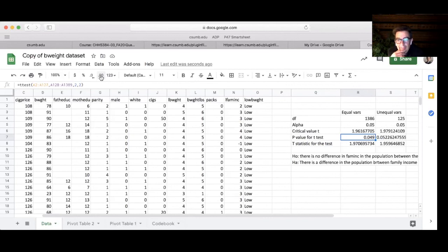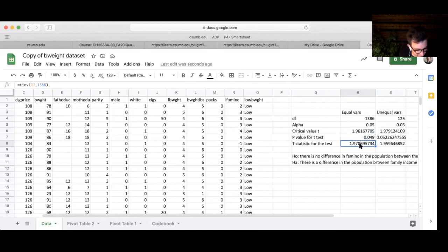Because our t-statistic that we got for our test is 1.97, right? And there's less than 5% chance that we would get a 1.97 if the null was true, right? Remember, this t-statistic, it's a little bigger than the critical value, right? I mean, at the third decimal, it is a little bigger. So in theory, we would be able to reject, right?